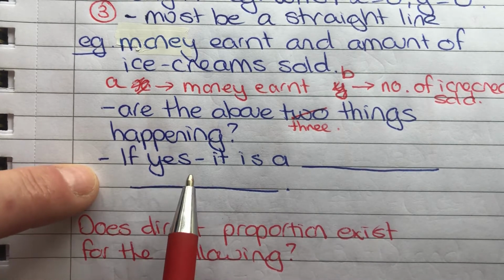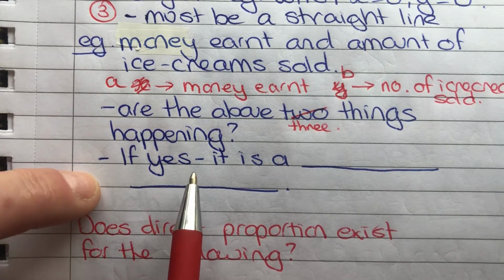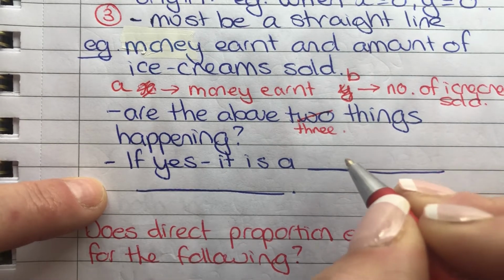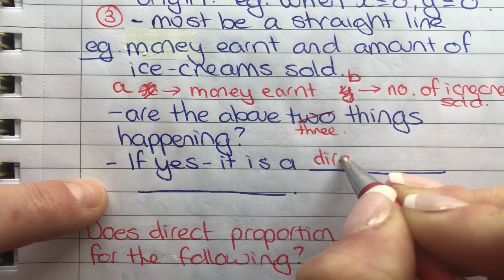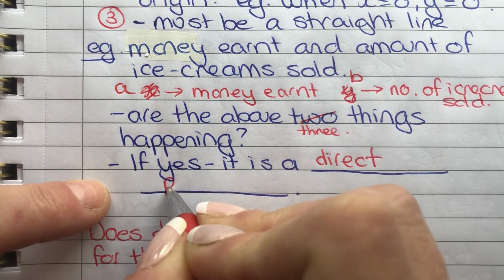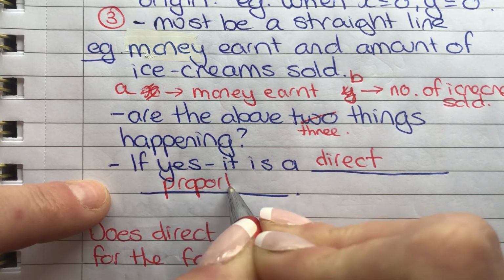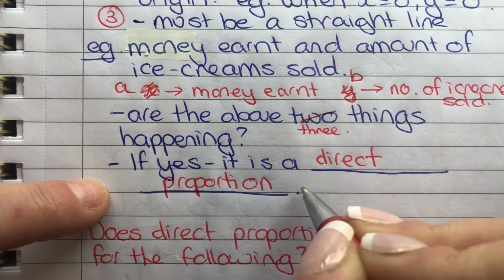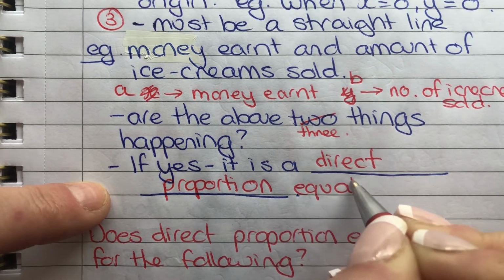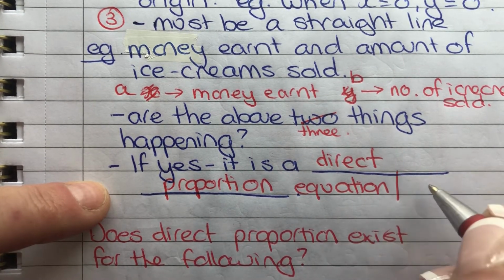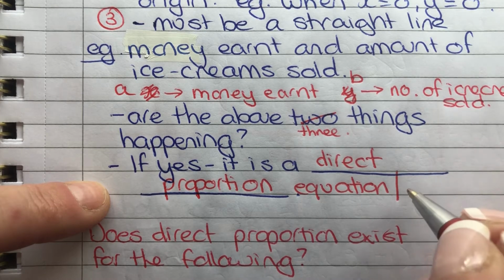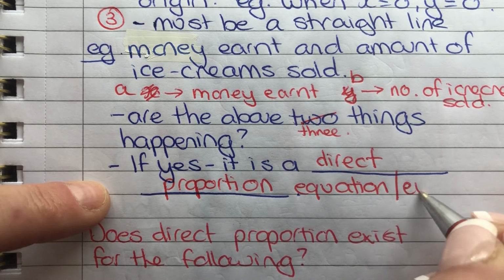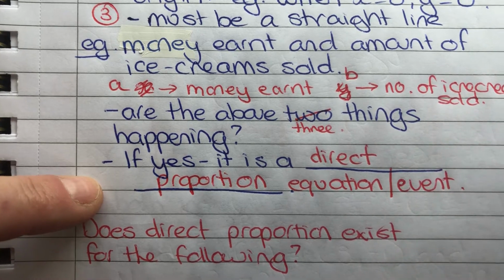So if it is yes, which it is in this case, these two things are satisfied, it is a direct proportion. We can say a direct proportion equation or direct proportion event, perhaps, something like that.